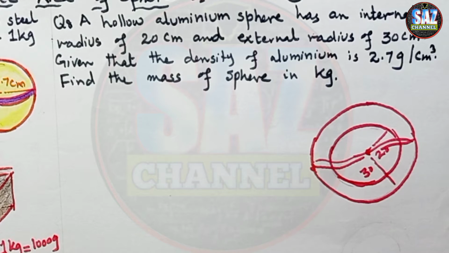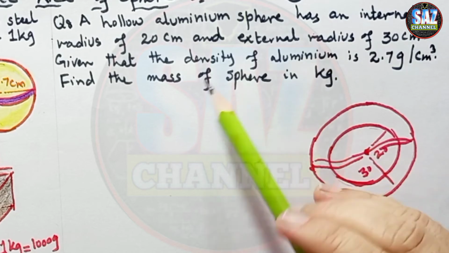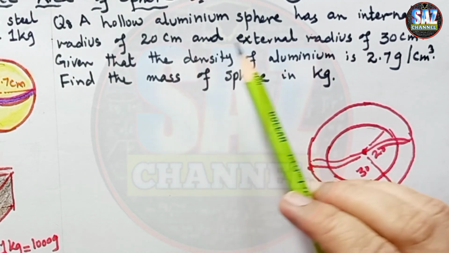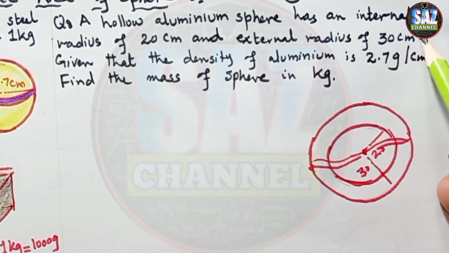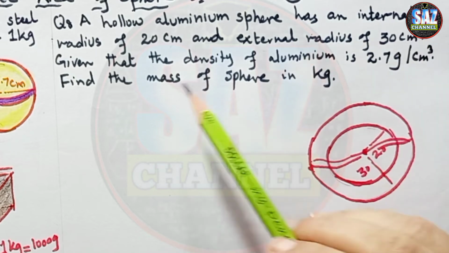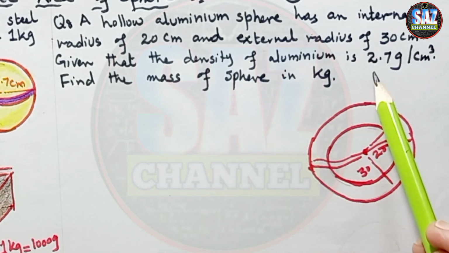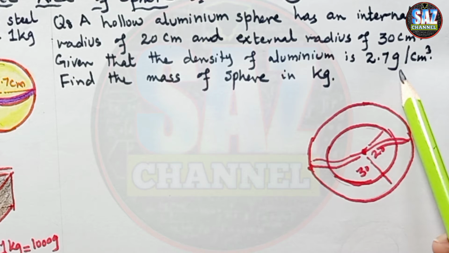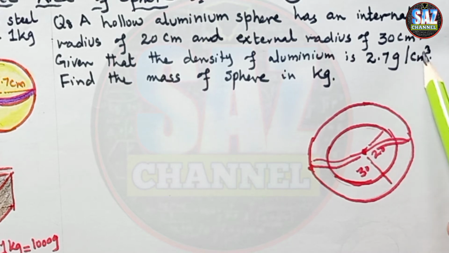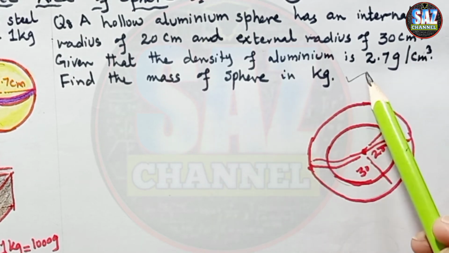And let me read the question from the book and let me compare the data. Question 8 says that a hollow aluminum sphere has the internal radius 20 centimeter and external radius 30 centimeter. Given that the density of the aluminum is 2.7 gram per centimeter cube, find the mass of the sphere in kg.